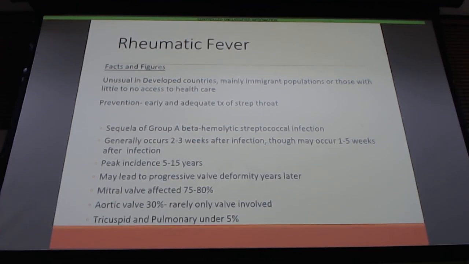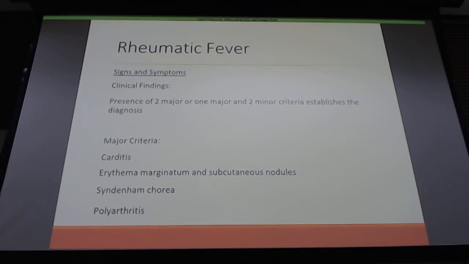So that's one of the reasons why we definitely need to treat this. It generally occurs 2 to 3 weeks after a streptococcal infection. Your peak incidence is 5 to 15 years.